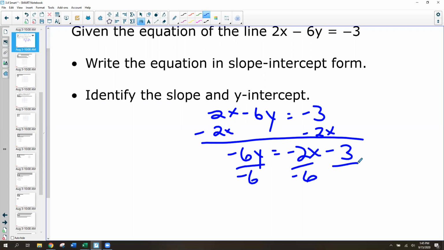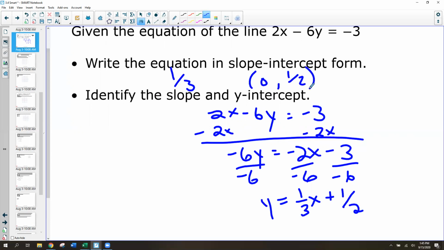In this case, we're just going to simplify the fractions. Negative and negative is positive, so 2 over 6 is the same as 1/3 x. -3 over -6 is the same as half, so plus half. That means that the slope is 1 over 3, and the y-intercept is (0, 1/2). That's all there is.